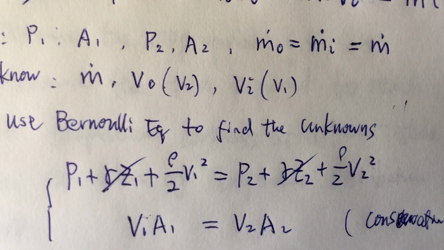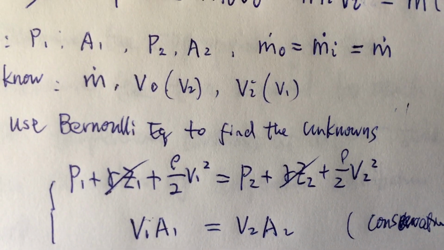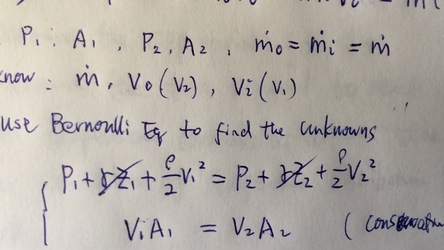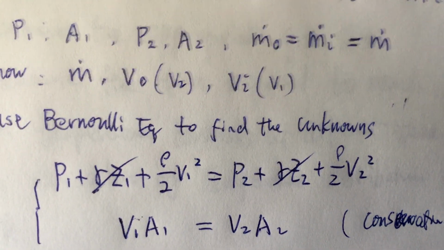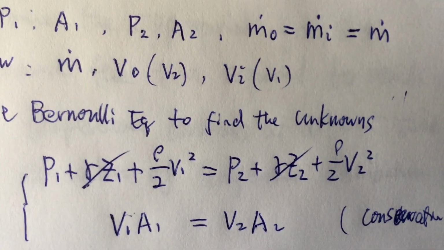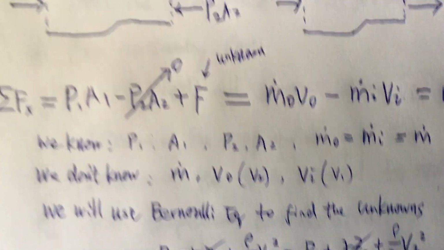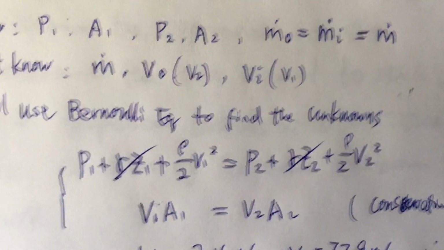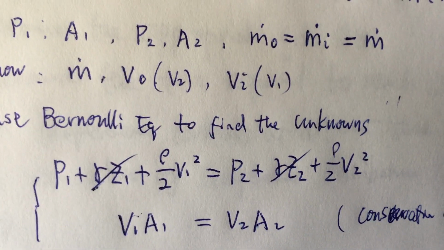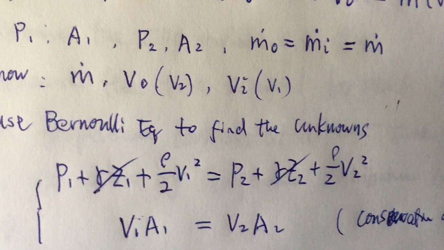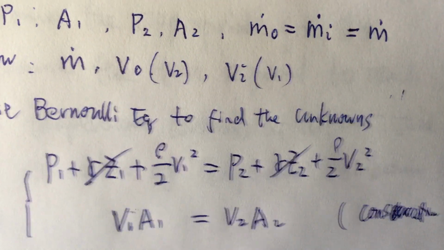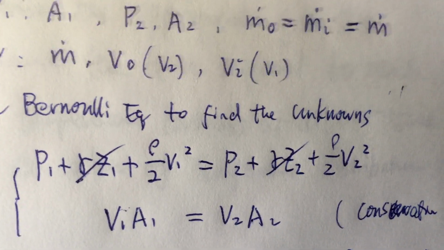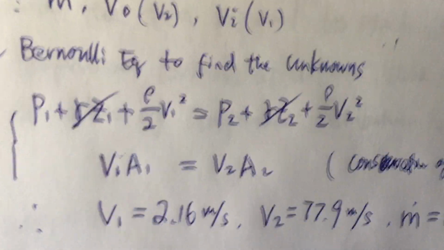So rho V1A1 equals rho V2A2. So rho can be cancelled. So you can just compare the volumetric flow rate. So A1 and A2 are given because diameter is given: 60 millimeter and 10 millimeter. So you have two equations for two unknowns. V1 and V2 are the two unknowns. Okay, so two equations. You should be able to solve for V1 and V2.